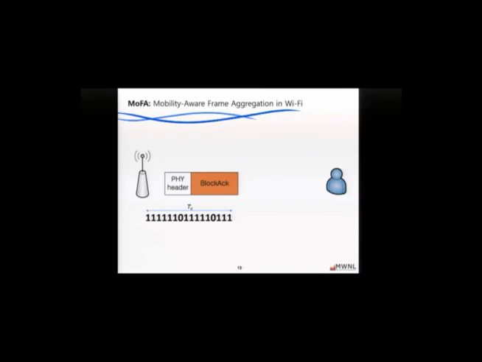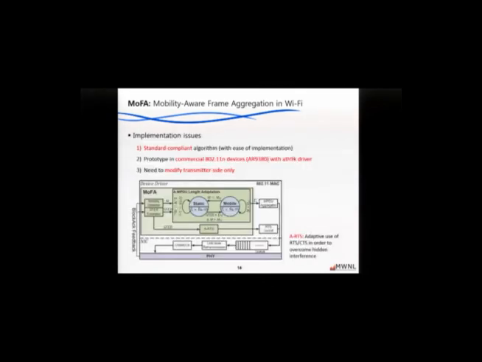Apparently, the subframe error rate for the front part will be lower than the latter part, and we compare this difference M with some threshold.